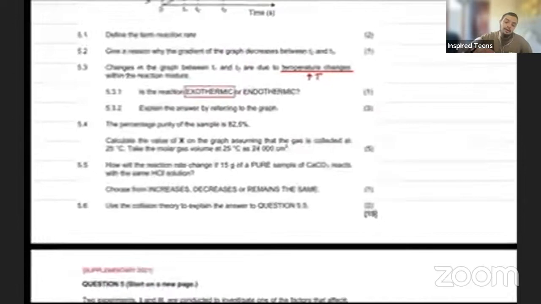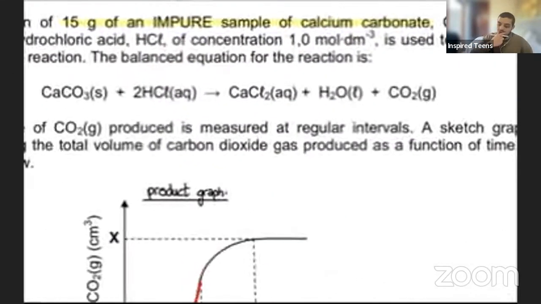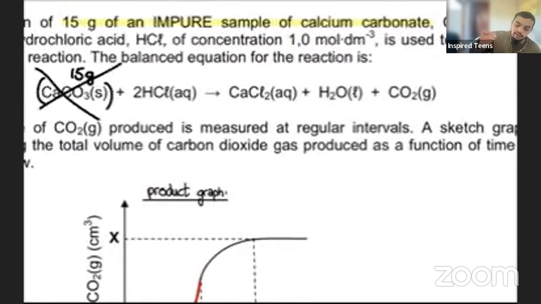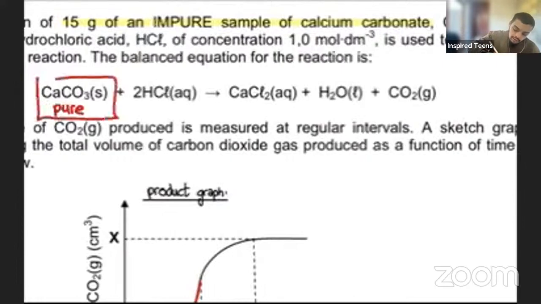By the way, when they say 15 grams of impure calcium carbonate is used, that does not mean that this is 15 grams. That's incorrect to say. Whatever's in the reaction always represents the pure amount. The pure amount is what reacts.